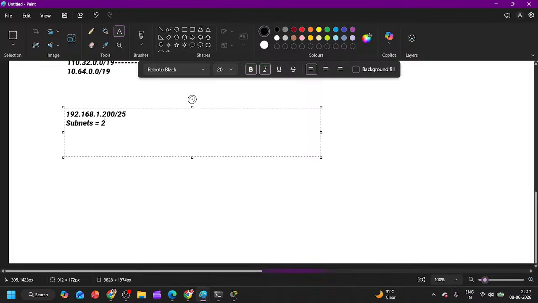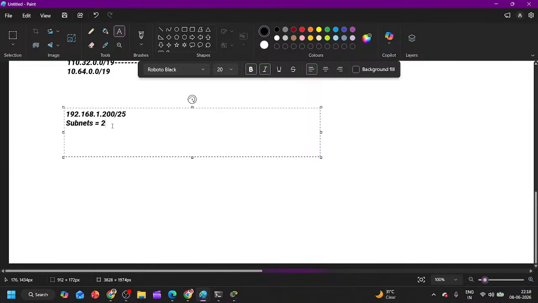It means we have divided my main network into 2 parts. The main network is 192.168.1.0/24, from class C. This is your main network, the default network with the default subnet mask.